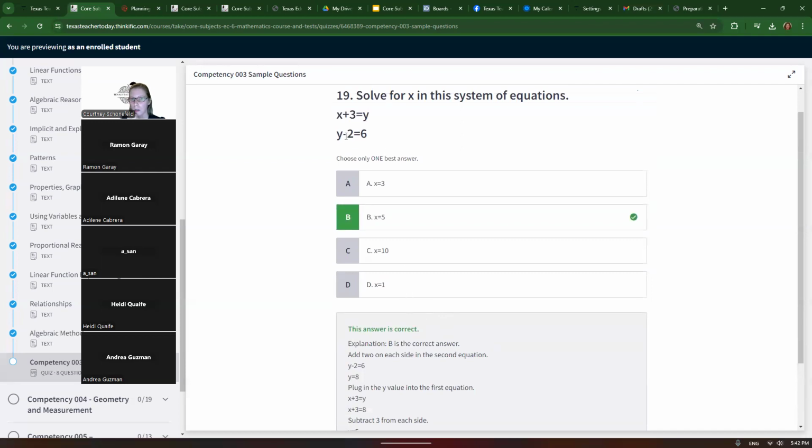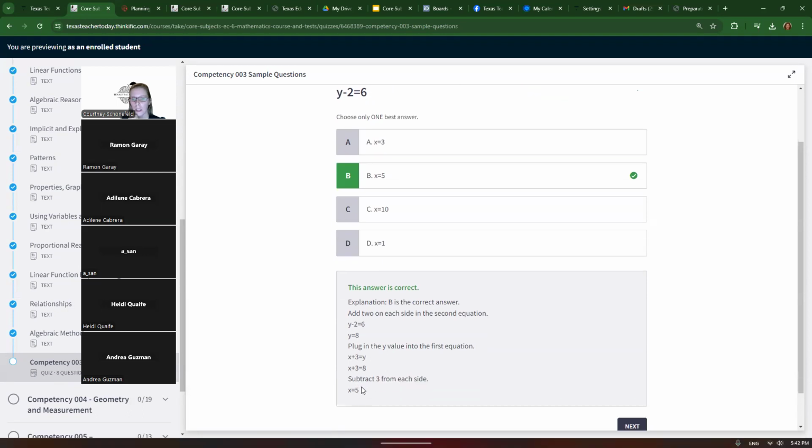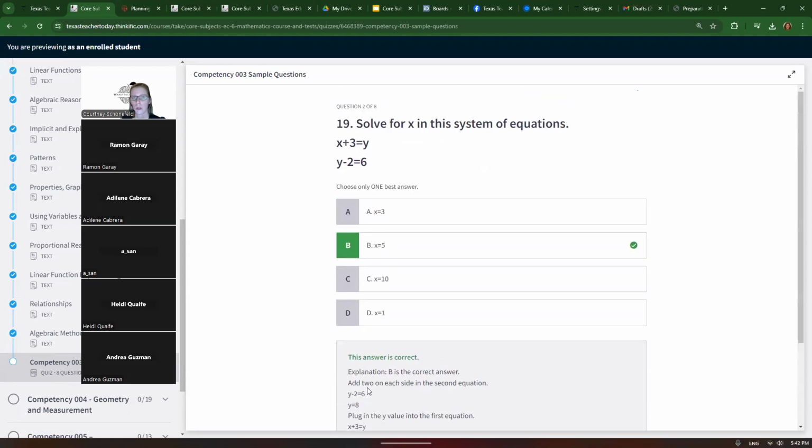So y minus 2 equals 6, so we're going to add 2 here, y equals 8, right? Plug in the y value, 8, into the first equation, x plus 3 equals 8. Then subtract 3 from each side, x equals 5.